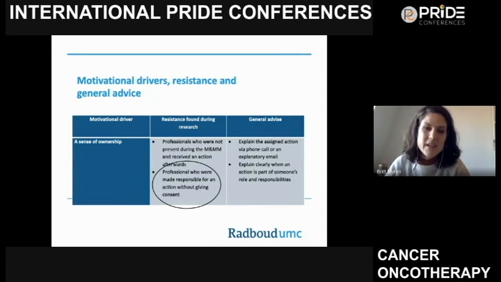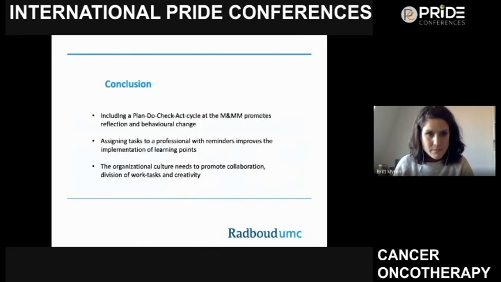This happens a lot, of course. Sometimes it's necessary, but most of the time you will have more motivated colleagues when you handle this with care. So you explain the assigned action via phone call or a more elaborate email, and also explain clearly why it's someone's role and responsibility to perform the task, not just by giving the task.